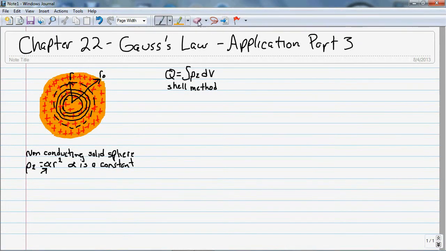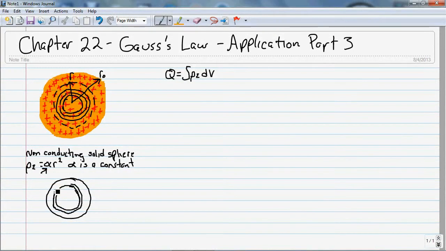So let's think about this shell method. I'm going to draw a circle representing a sphere, and you're going to have some differential shell in here. You're going to have a surface area, and you're going to extend it a little bit. We're going to have a differential radius.